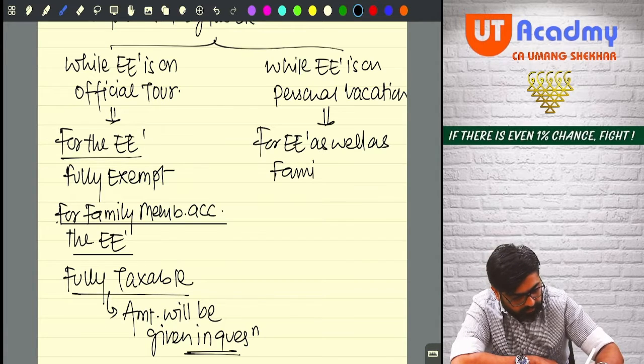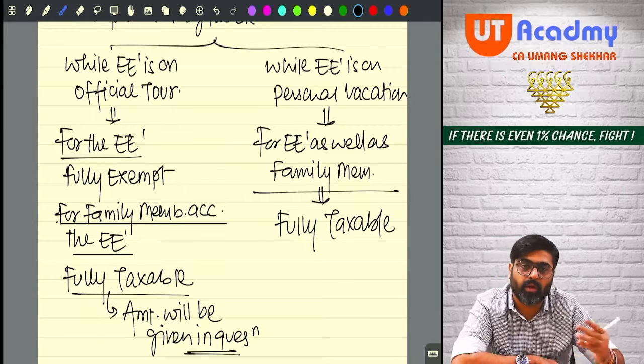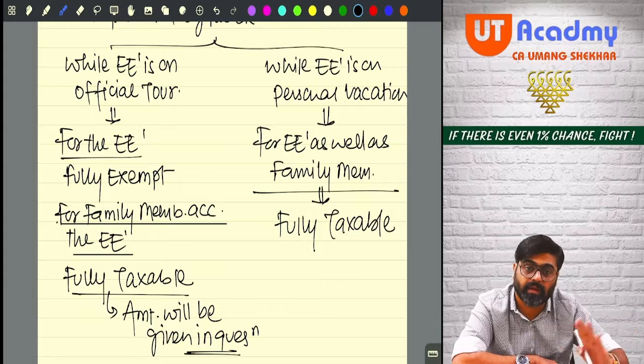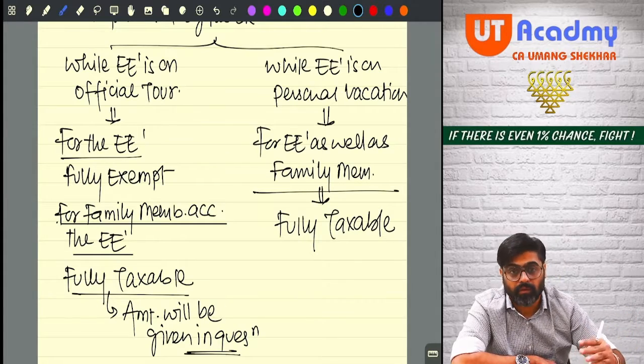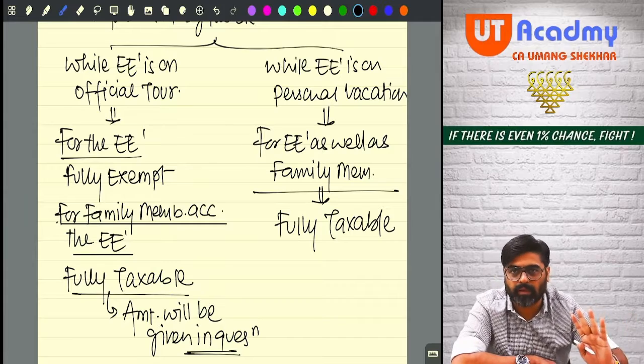Now, while the employee is on personal vacation, then for the employee as well as family members, both, it will be fully taxable. For the employee also, whatever benefit is given, traveling, touring and accommodation will be taxable. And for family members also, whatever benefit was given is fully taxable.